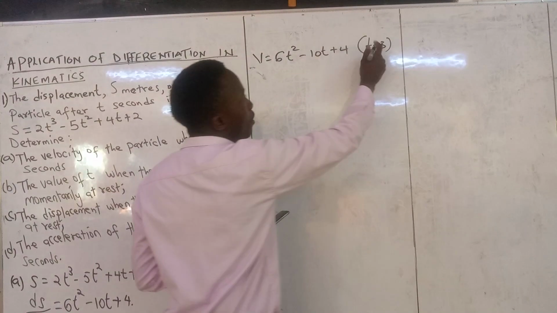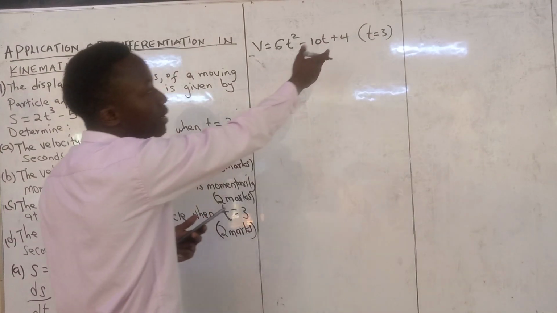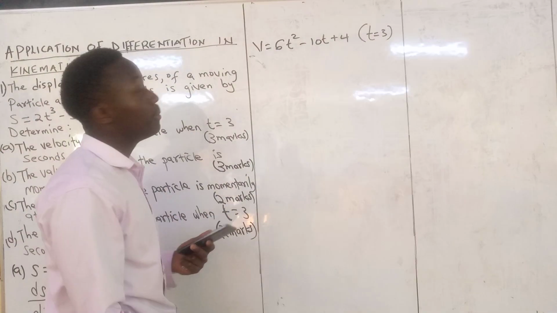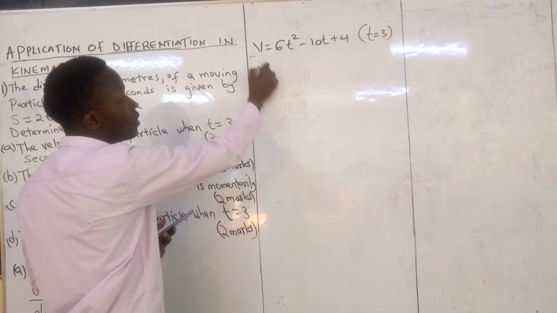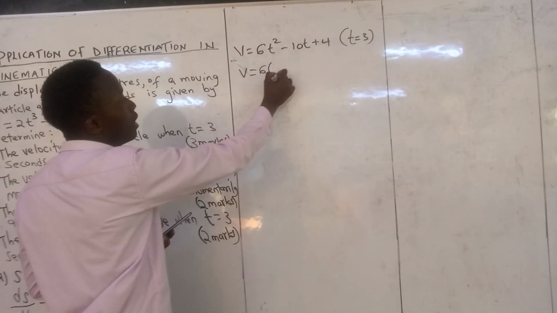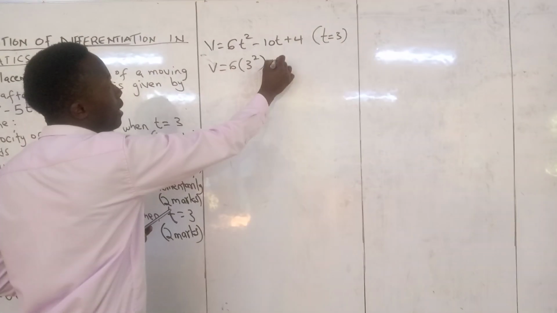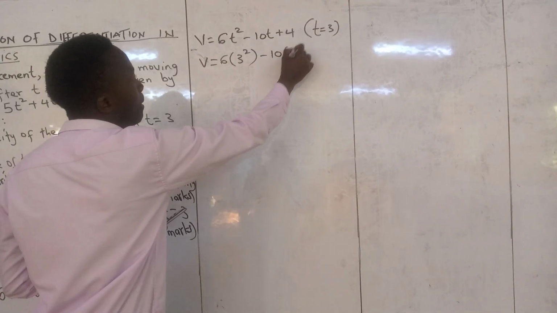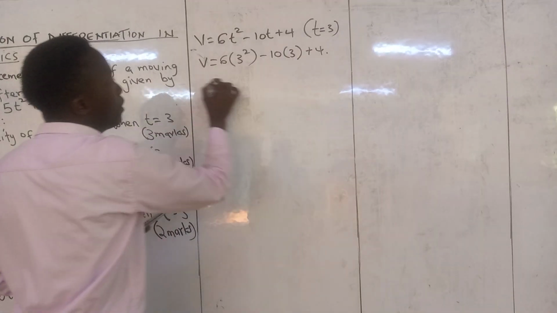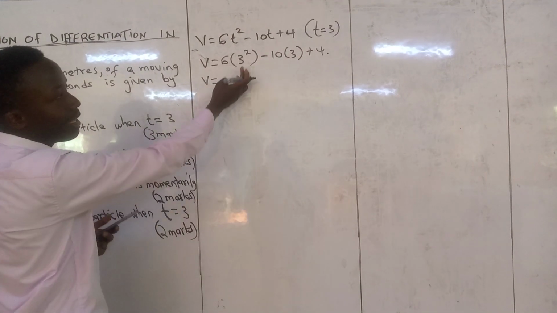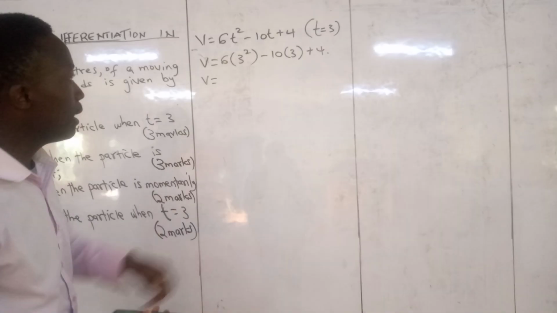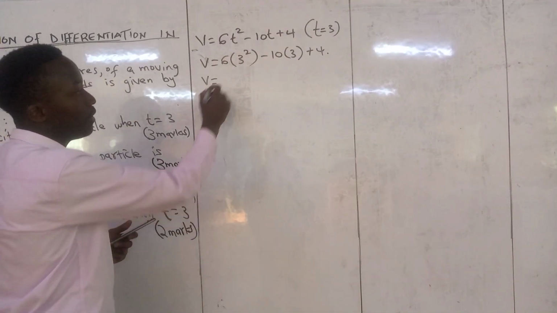And since we have been told to determine the velocity when t is equal to 3, we will substitute t with 3 so that we can solve for our velocity. So v is equal to 6 multiplied by 3 squared minus 10 multiplied by 3 plus 4. 3 squared is equal to 9. 9 times 6 is equal to 54.